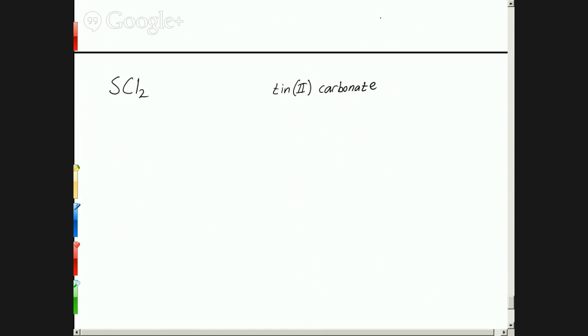Non-metal and non-metal is covalent, right?